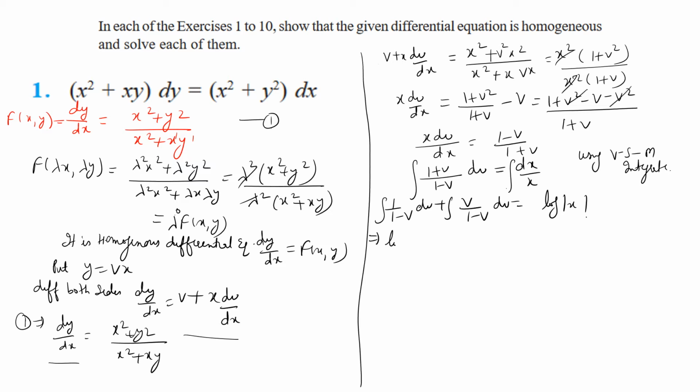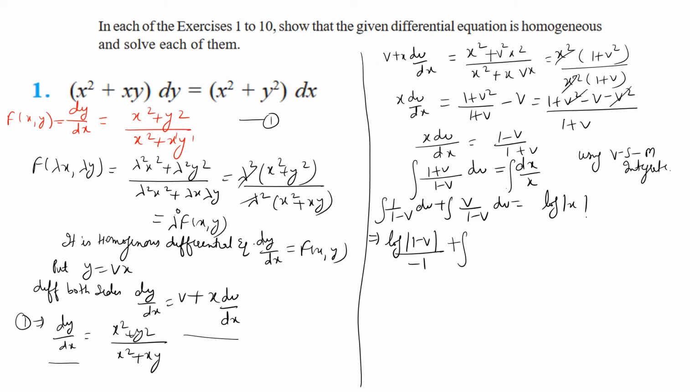Integration of 1 upon 1 minus v will be log of 1 minus v, and you have to divide by the derivative of 1 minus v, which is minus 1, and this is plus.